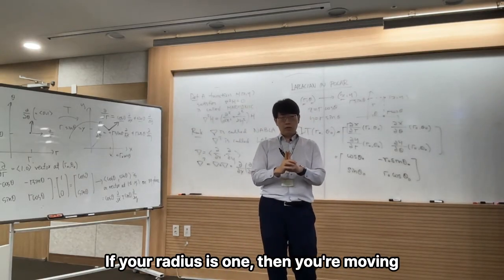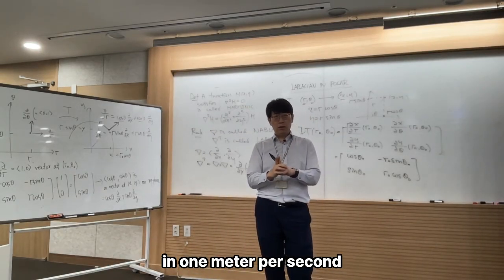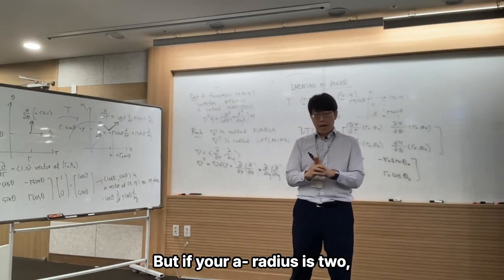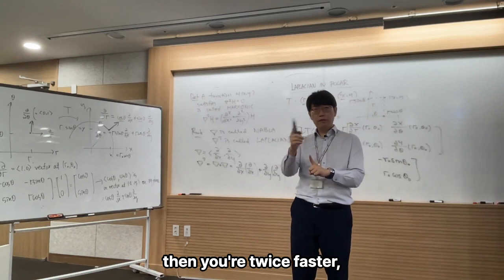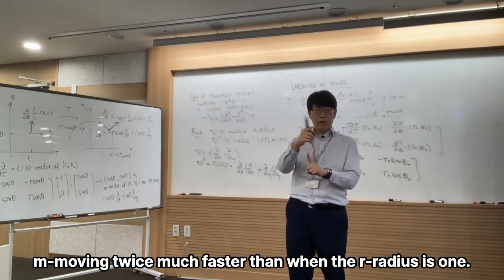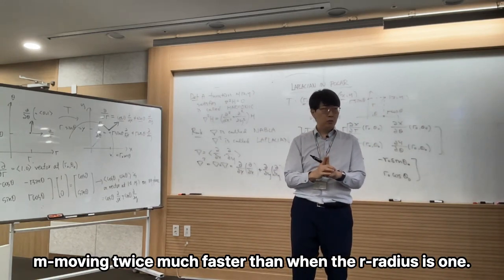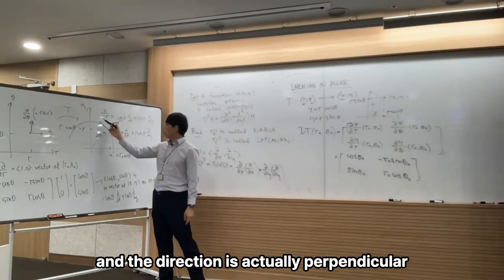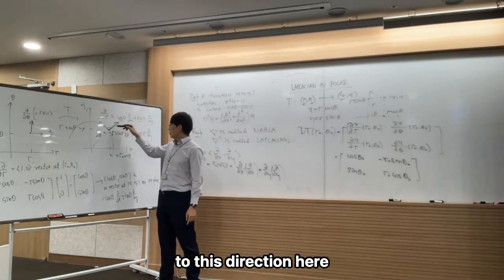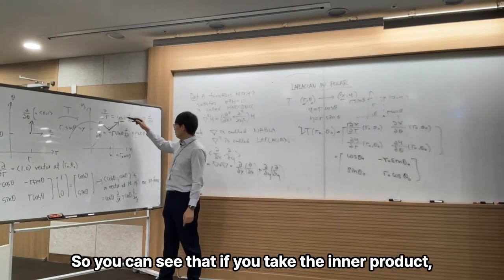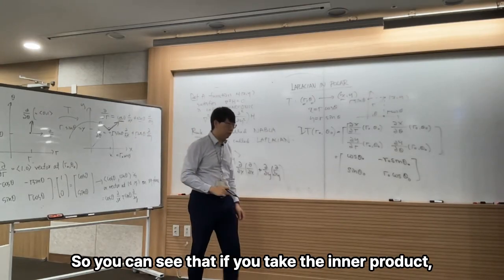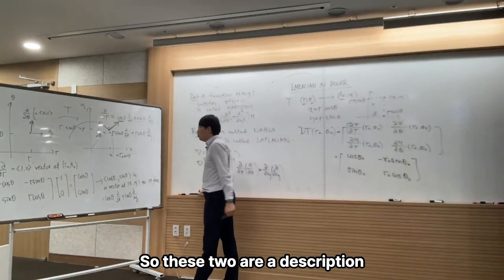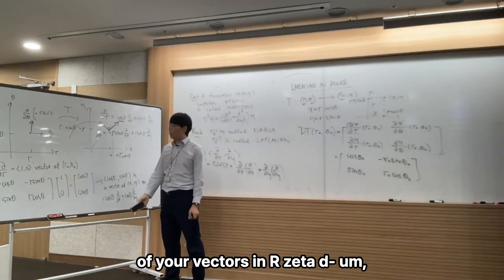If your radius is 1, then you're moving at 1 meter per second, one unit of velocity. But if your radius is 2, then you're moving twice as fast as when the radius is 1. So you need the factor r. And the direction is actually perpendicular to the direction we found previously. You can see that if you take the inner product, you always get 0.